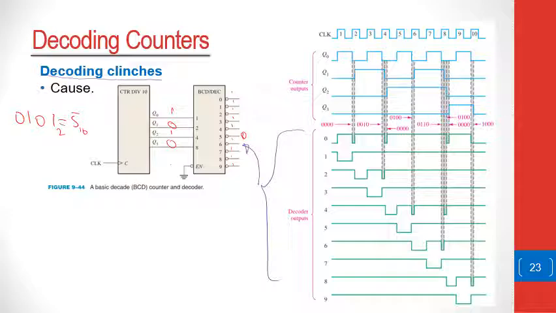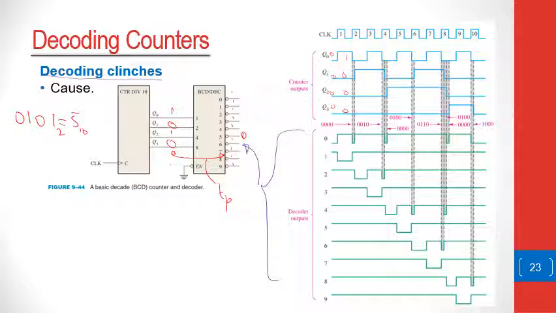However, because the counter changes with time, if you look at it as a waveform, you will see that it takes time for this input to propagate all the way to the output, because there's a propagation delay here, which is finite. And so because of that, the inputs of the decoder will glitch. So let's look at a case whereby you have a counter moving from 0 to 1, and then it wants to change to 2.